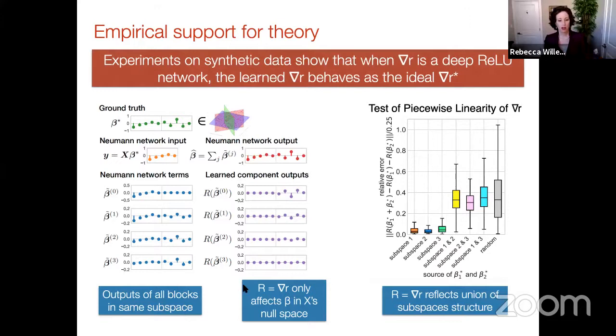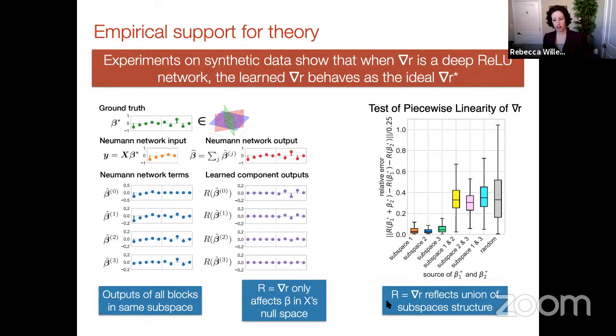We also looked at this ramification of the theory, that the regularizer gradient was only affecting the image in the null space of X. And we again see that empirically. We see that the first 5 samples are never affected by our learned regularizer, and these 5 samples do correspond to the null space of X.